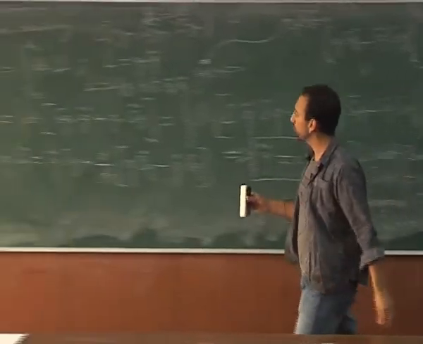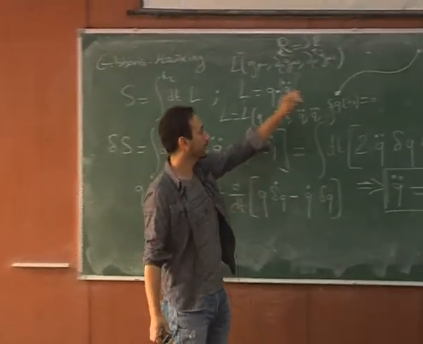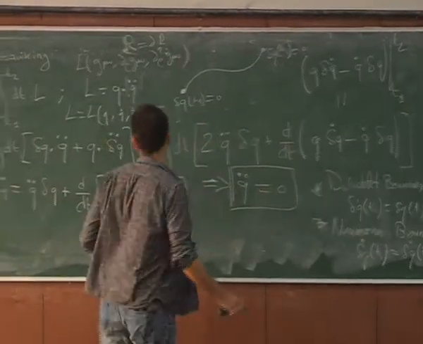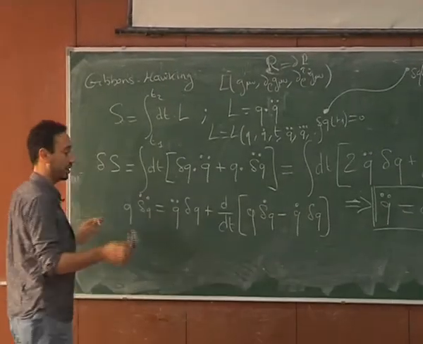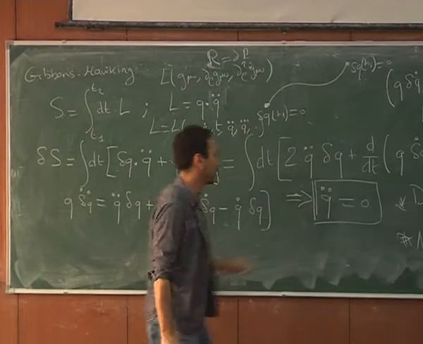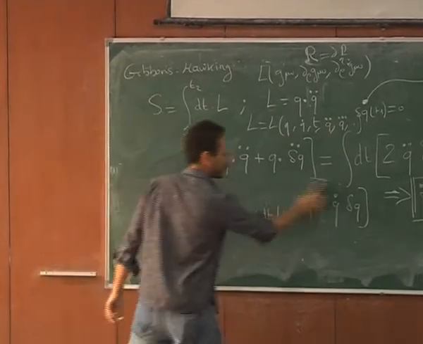Okay. So how to solve this problem? To solve the problem, we have to add actually some boundary term which is going to take care of one of these two terms without changing at all the physics, in the sense without changing at all the equation of motion that we are going to have at the end. So this is what I'm going to do.